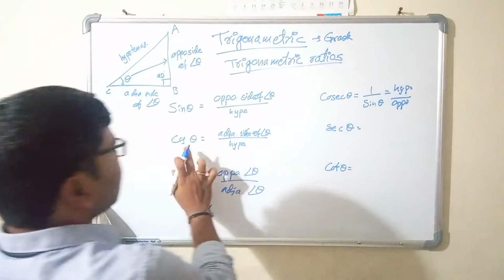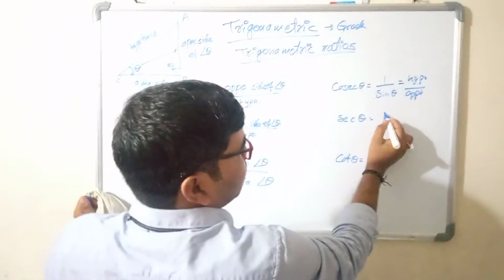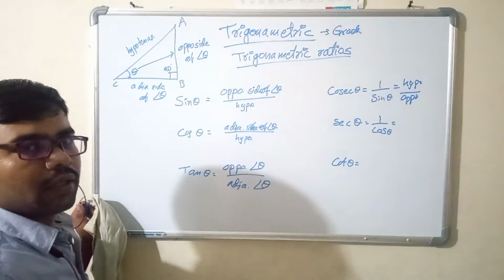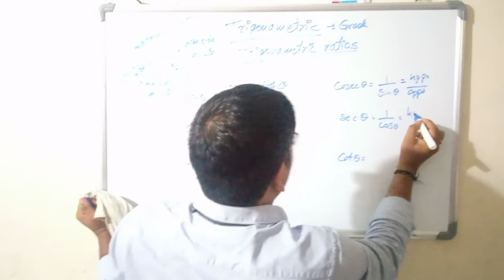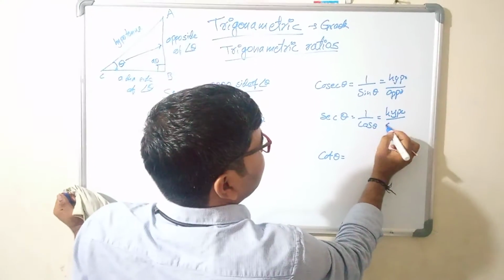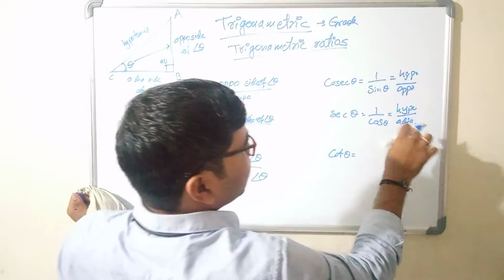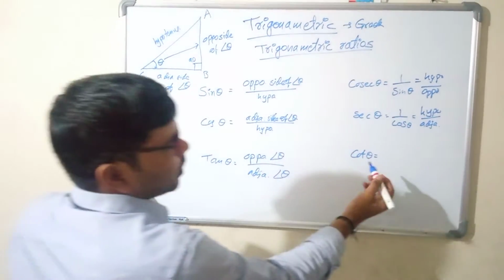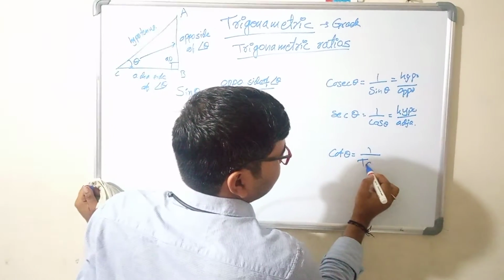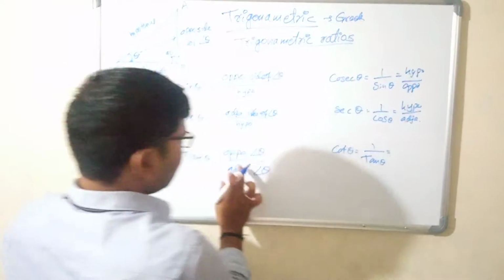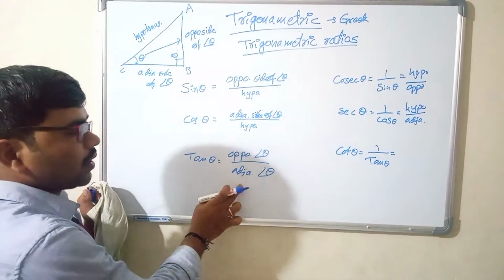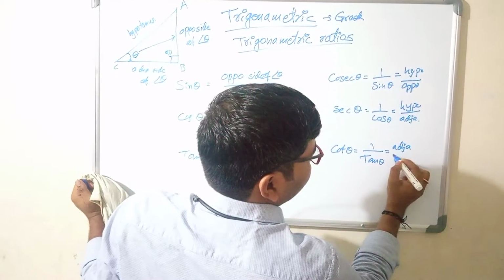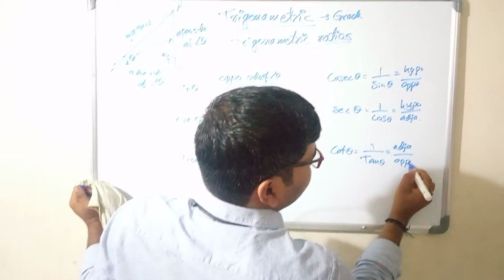Next, secant theta is equal to 1 by cos theta, the reversal of cos theta, which equals hypotenuse by adjacent side of angle theta. Next, cot theta is equal to the reversal of tan theta, that is 1 by tan theta, which equals adjacent side of theta by opposite side of angle theta.